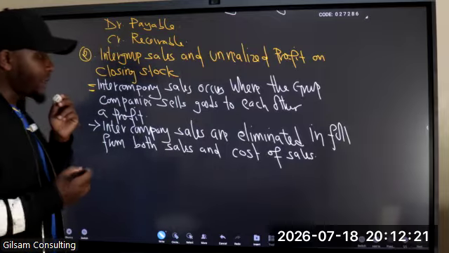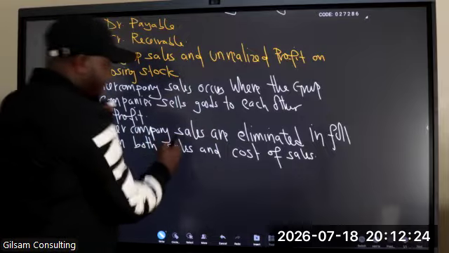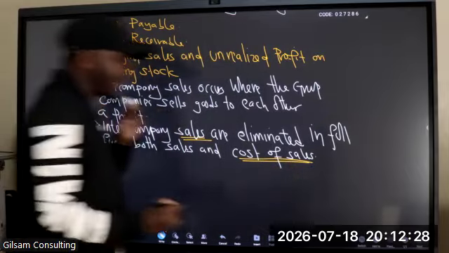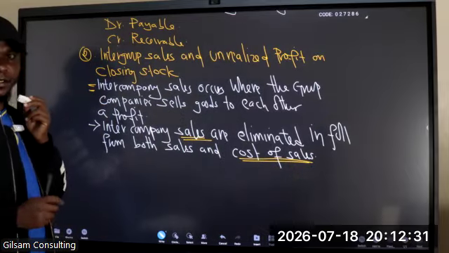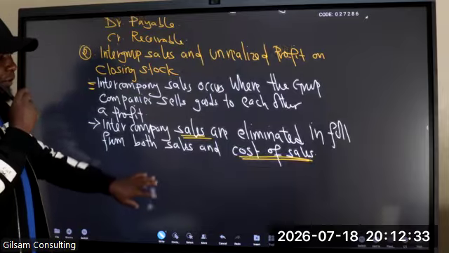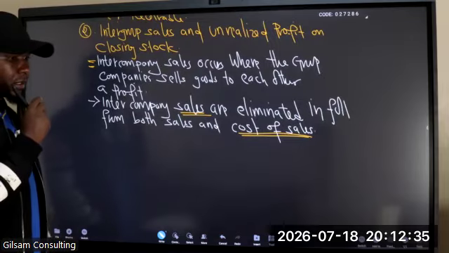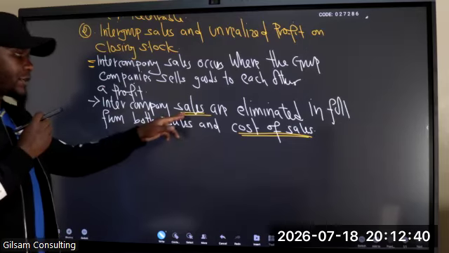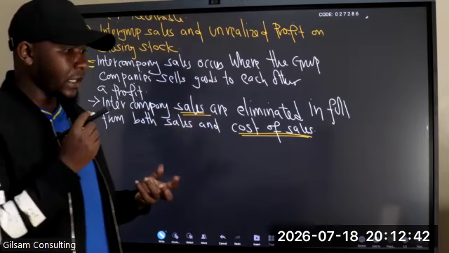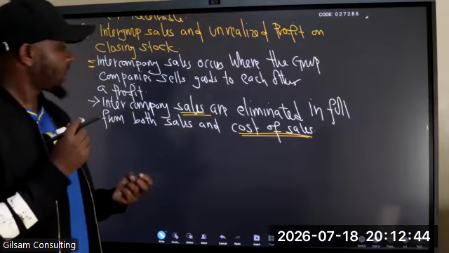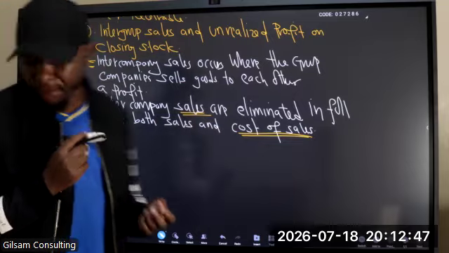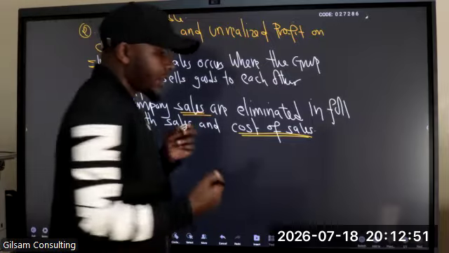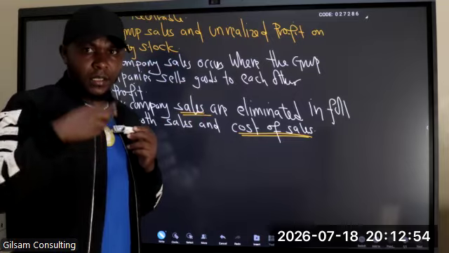Now, when we say we eliminate in full from sales and cost of sales, where do we credit and where do we debit? If you are reducing sales, do we credit or debit? Sales is an income, and income should have a credit balance.